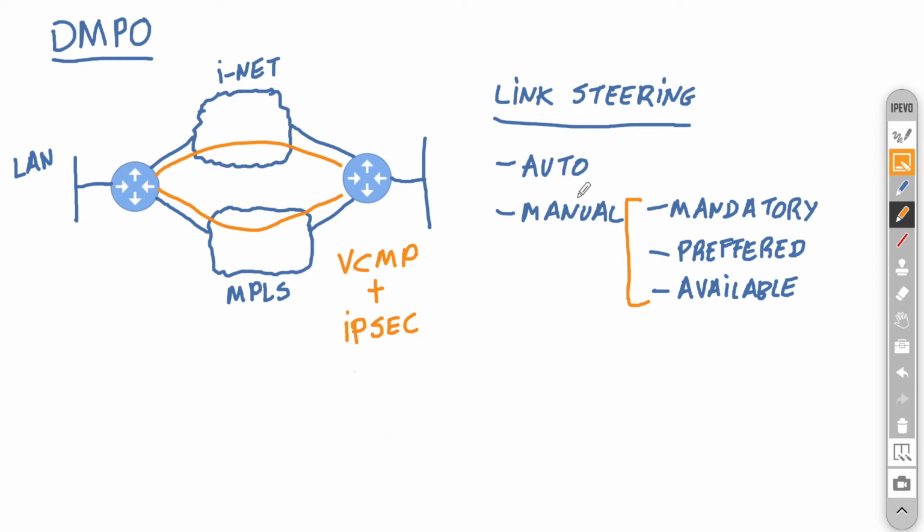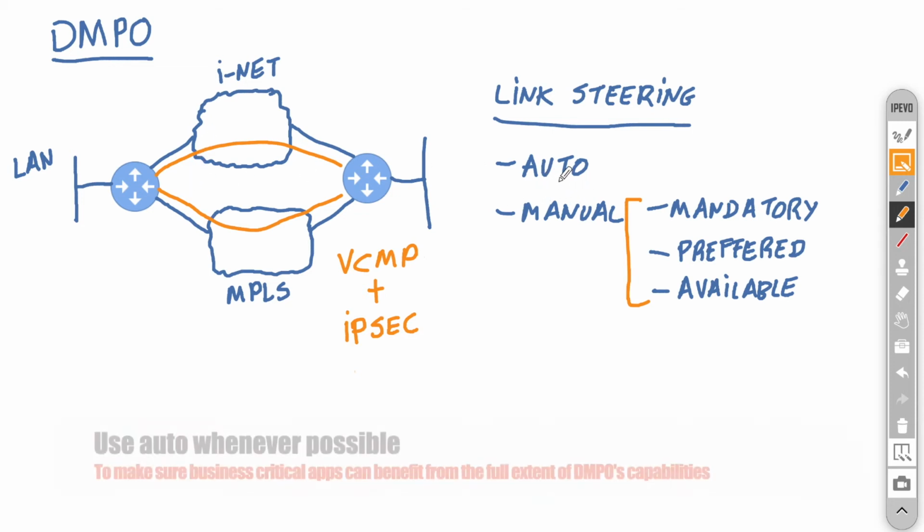And if I set this link steering to auto, it will mean that I'll be able to utilize the whole extent of the technologies under DMPO to assure the application performance, no matter if those are the remediation techniques, the packet balancing techniques, it doesn't matter. We actually do recommend for the critical traffic to allow it to use the auto as much as possible.